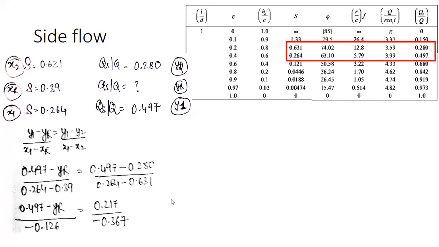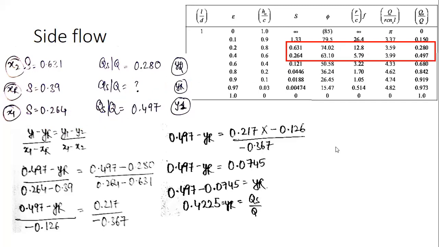I'll put all these values from here into this equation. Y1 minus YR upon X1 minus XR is Y1 minus Y2 upon X1 minus X2. Unknown YR you can find out by simplification properly, step by step, which I've done over here. So I found out QS by Q as 0.4225, which is justified.